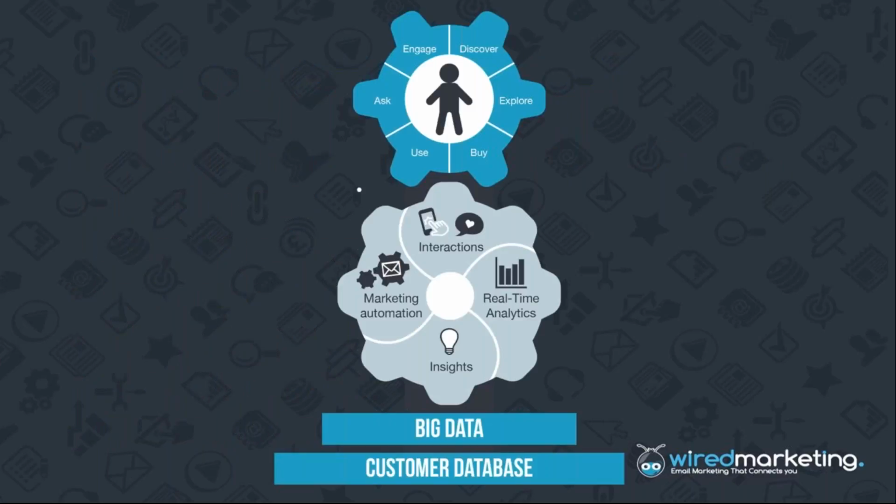So this is a simplified view of an automation integration and the processes that sort of run in the background where we can make the most of the data and the automation programs that we've got going. And this is really a simple visual to show you how the database data, so in your CRM, as you can see down here, can be used to develop insights using such things as real-time analytics, using the interactions with our communications, automating the process and looking for further insights.